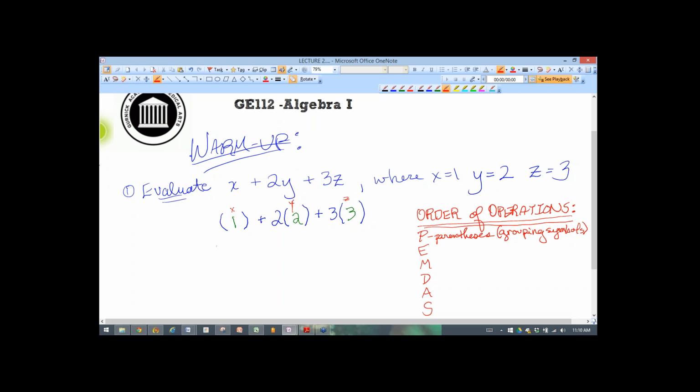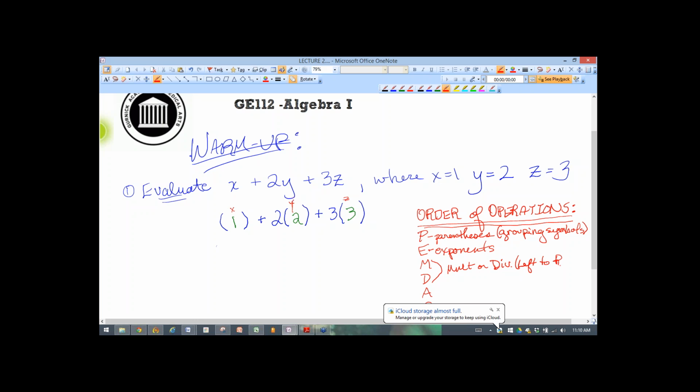After you've done that, we go to the E, which stands for exponent. So exponents would be carried out, if that's possible, or simplified. The next would be the two together, multiply or divide, left to right. It's always left to right.